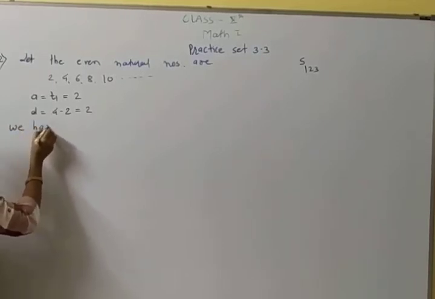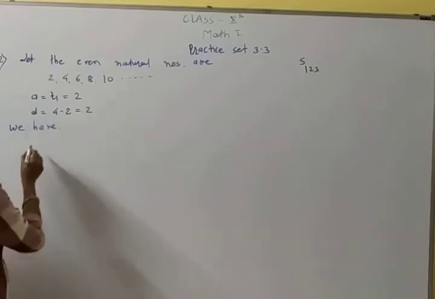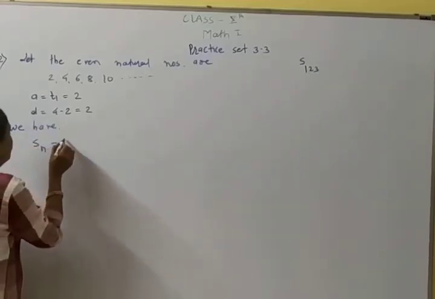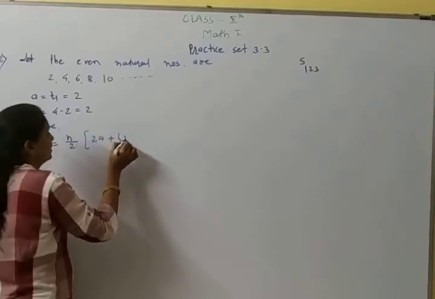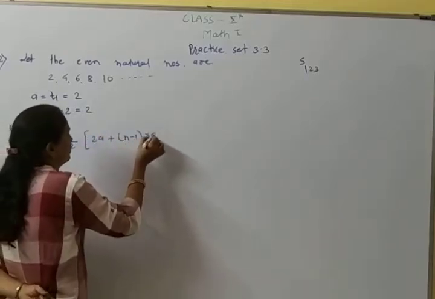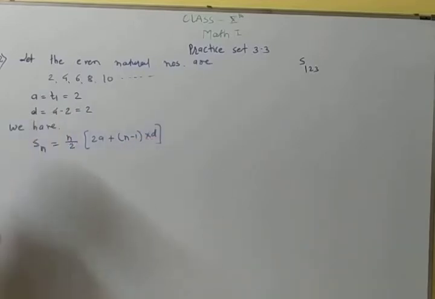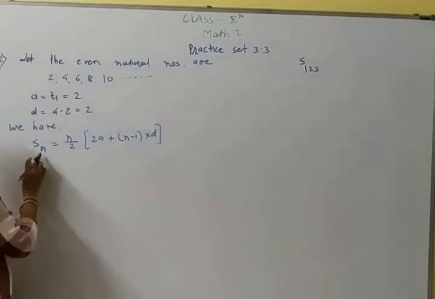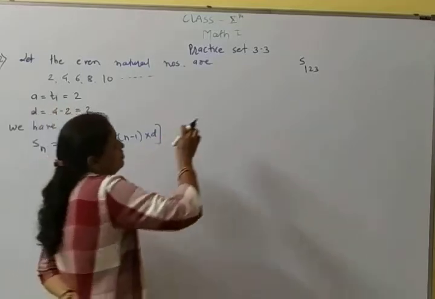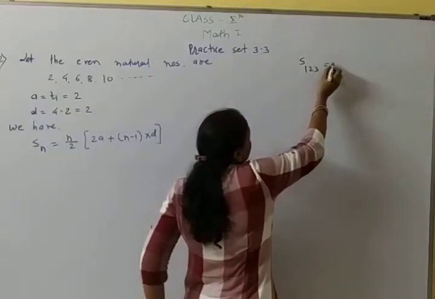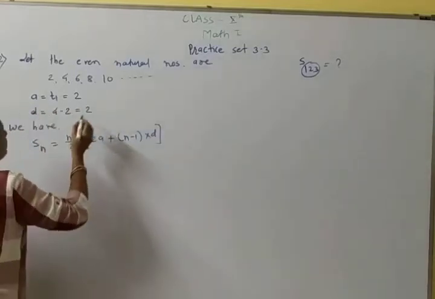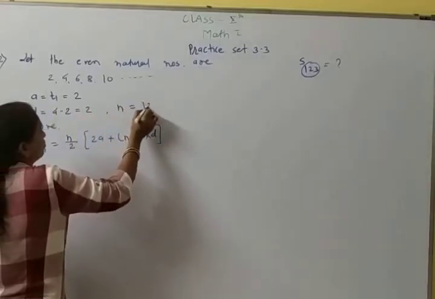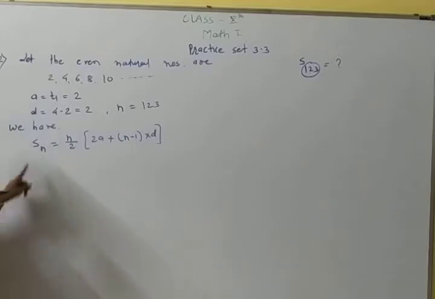We have Sn equals n upon 2 into (twice A plus (n minus 1) into D). Here the sum of 123 means S123 equals question mark. So here n is equal to 123. Write down here n equals 123.